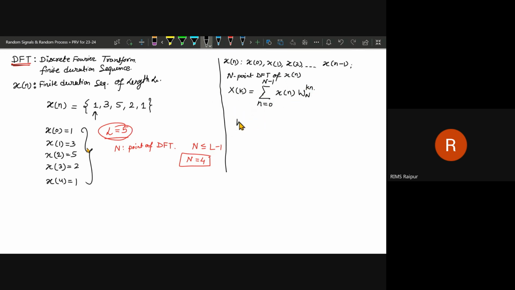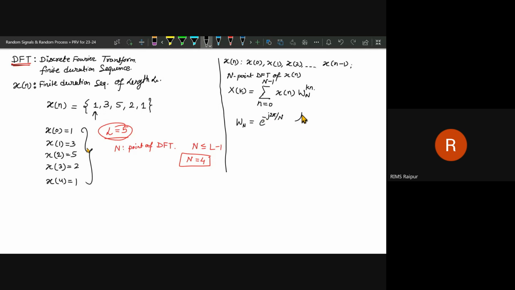Here wn is nothing but twiddle factor or kernel, which we can say, and its value is e raised to power minus j2 pi by capital N, and capital N is that point of DFT. Correct?